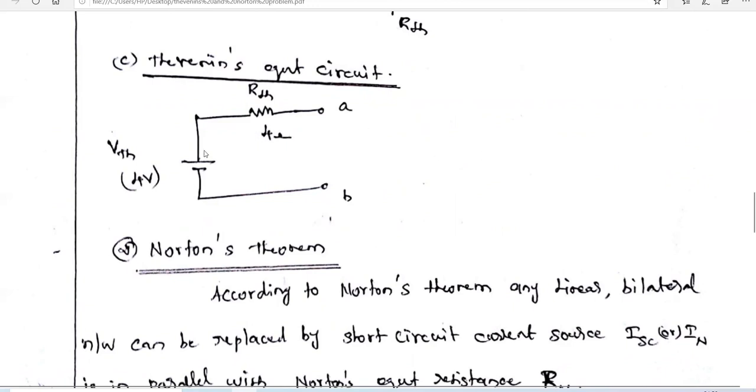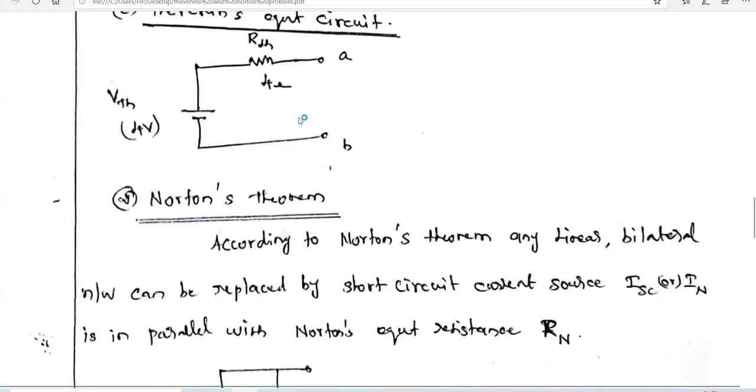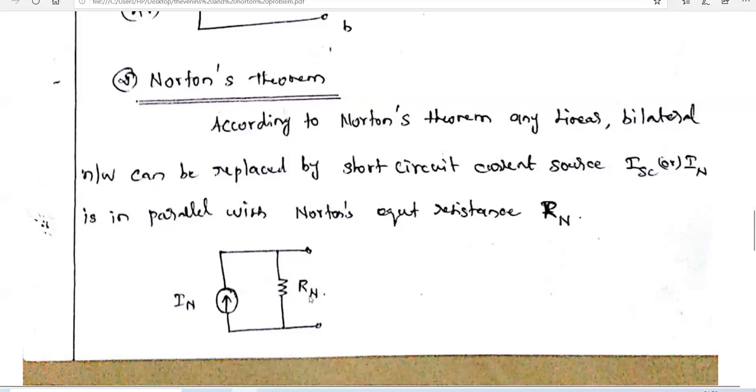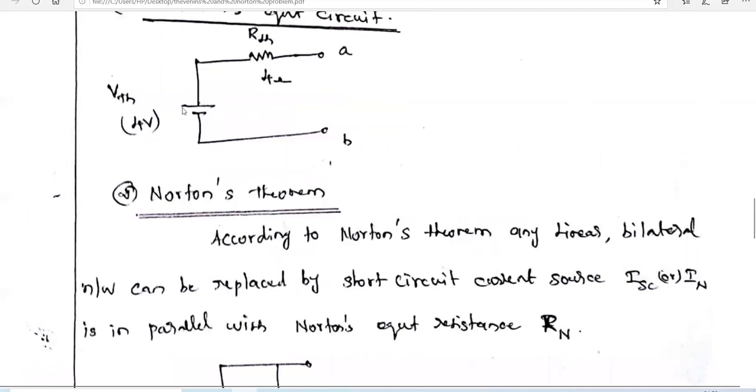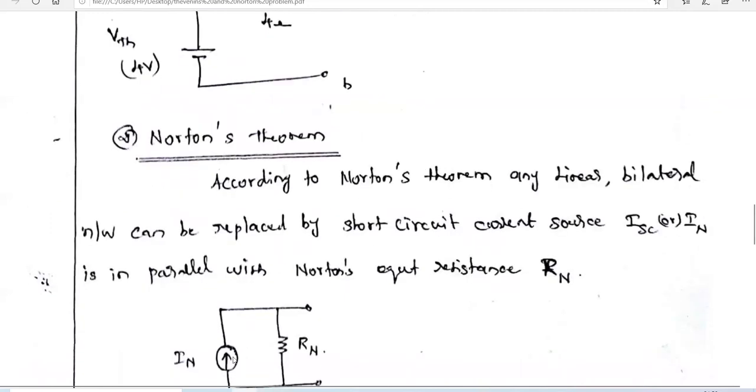So using the source transformation technique, we may convert a voltage source in series with some resistance into a current source in parallel with the resistance. Directly we can write that the 4 volt voltage source in series with the 4 ohm resistor can be converted into a current source in parallel with the same 4 ohm resistance. But what is the value of the current source?